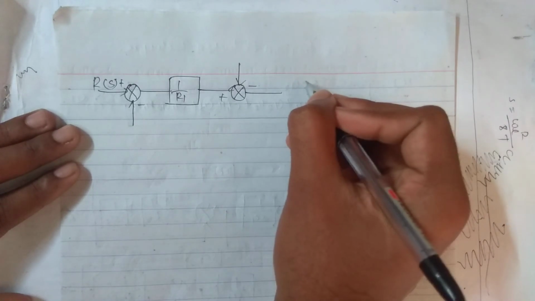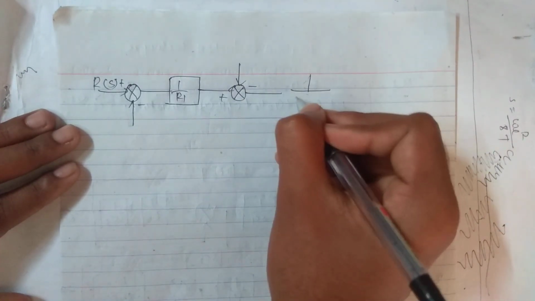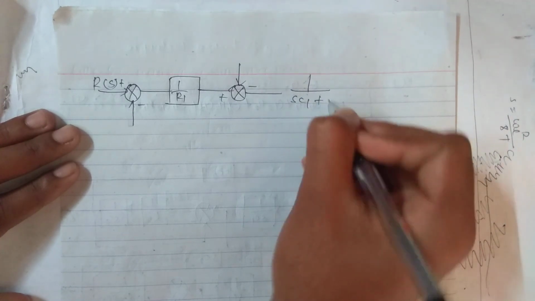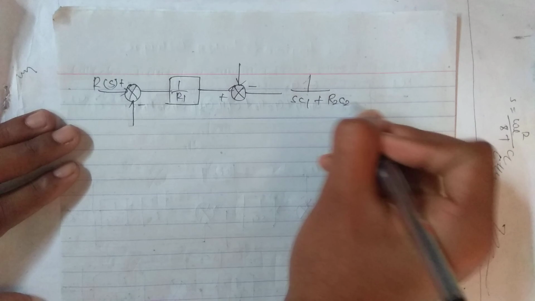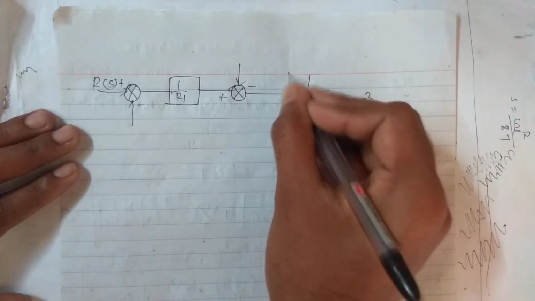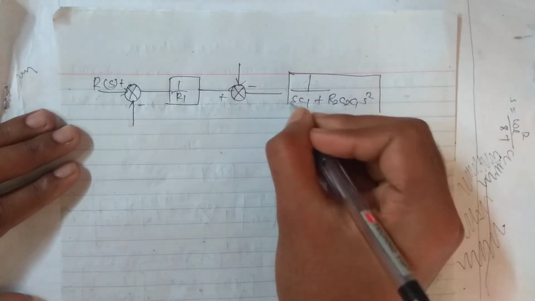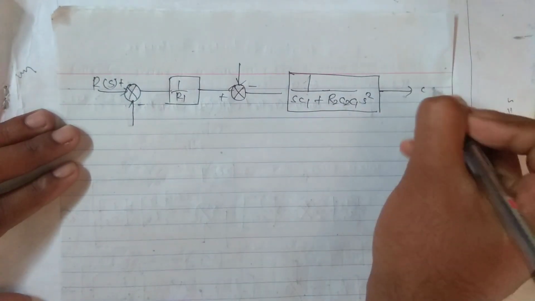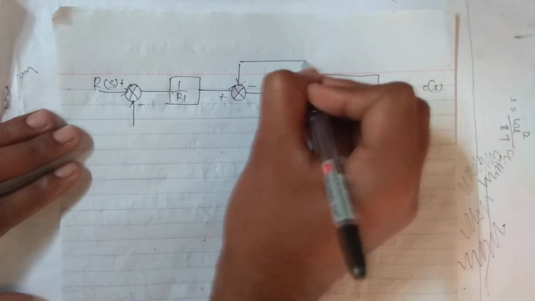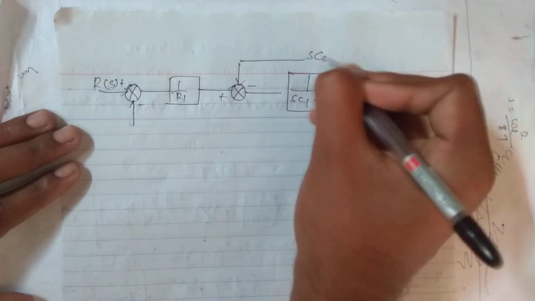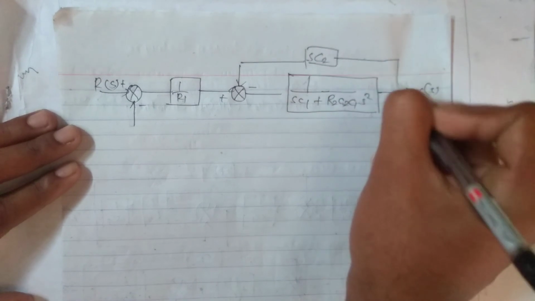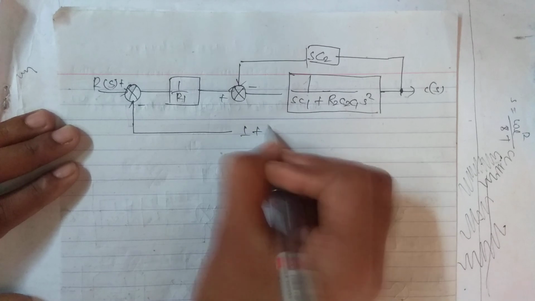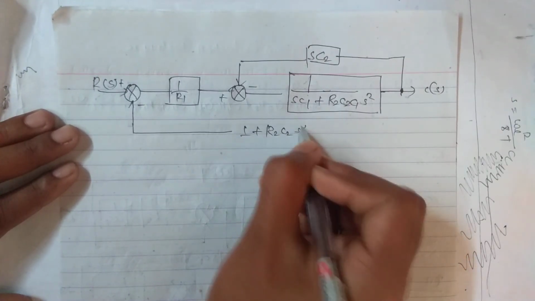By multiplying in cascaded form we have 1 upon SC1 plus R2 C2 C1 and S square, since they were in cascaded form, and here we have CS, SC2, 1 plus R2 C2 and S.